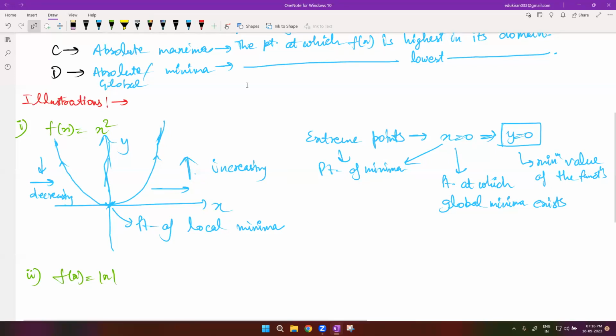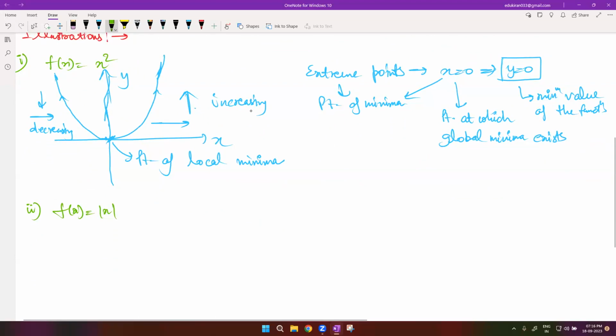First of all, let's take f(x) = mod x. We know the graph of a modulus function is a V-shaped graph, right?